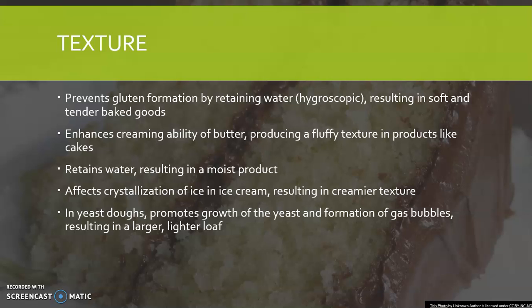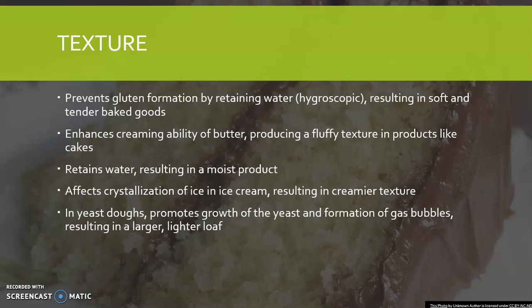Another thing that sugar does, especially in baking, is it affects the texture a lot. So sugar has this quality, we say that it's hygroscopic, and that means that it attracts and retains water, and often that means that it holds water so that other things cannot use water.